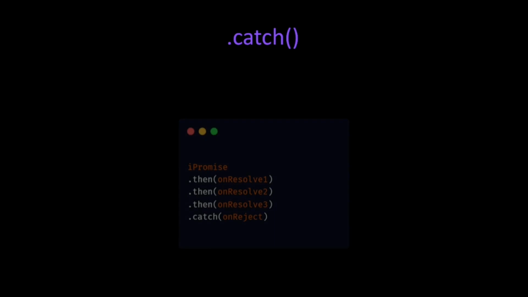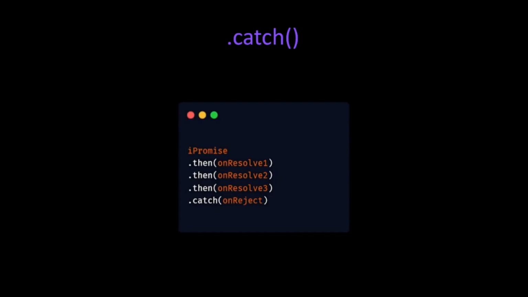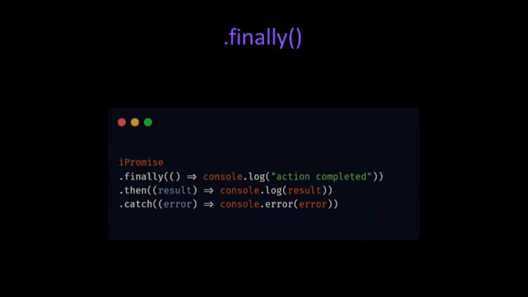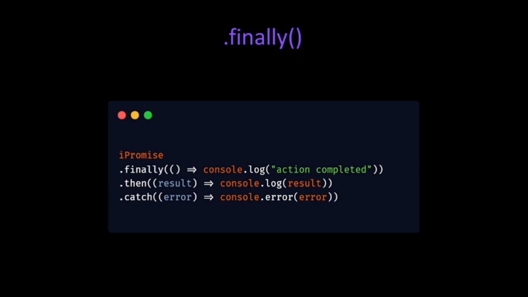Catch method is for rejection handling. We can either use then method for each promise or just place catch method at the end of the promise chain to handle any rejection that occurs. Finally, it's a method that runs right after the promise is settled, no matter if successful or not.